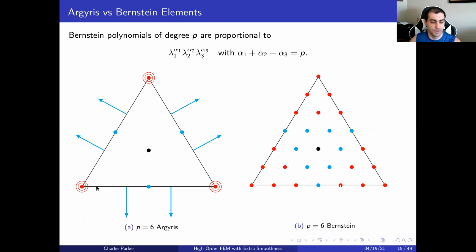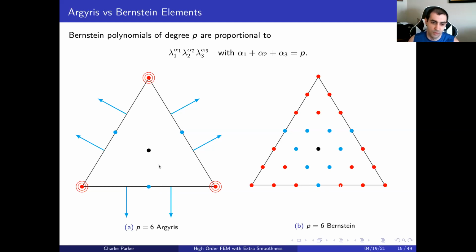For example, there are 6 degrees of freedom associated with the bottom left vertex, and there are also 6 Bernstein polynomials associated with the second derivatives at this vertex. The same is true for the normal derivatives along the edge and the edge functional values. You have 3 degrees of freedom for the Argyris element on the left, and also 3 degrees of freedom associated with the edge and normal derivatives for the Bernstein polynomials.